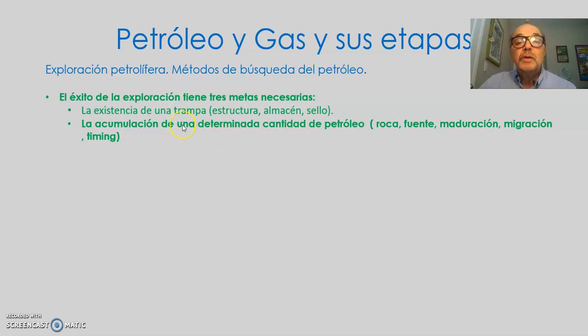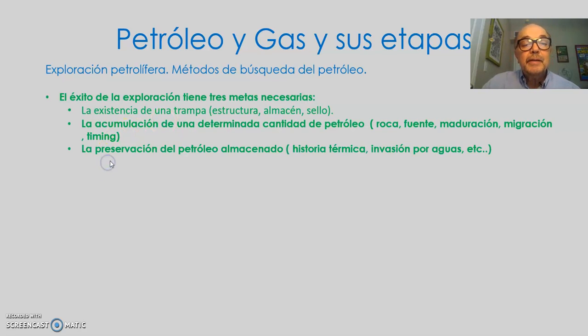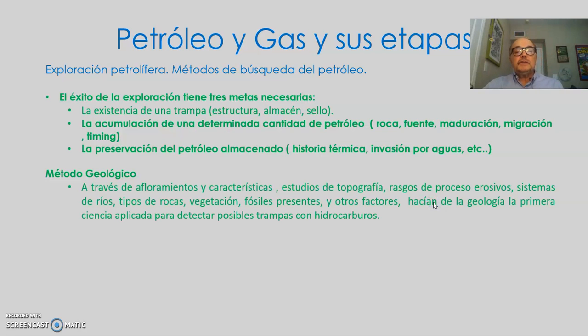Also, the accumulation has to be important so that we can decide on drilling wells, and the preservation of the stored oil should be protected.